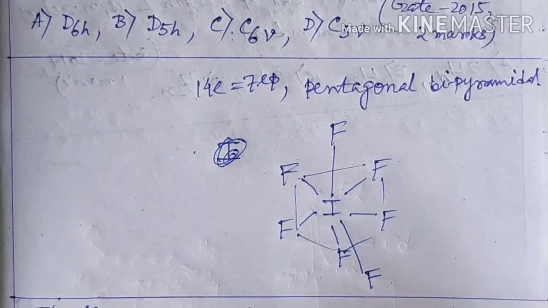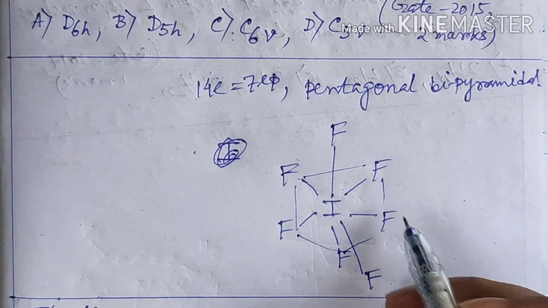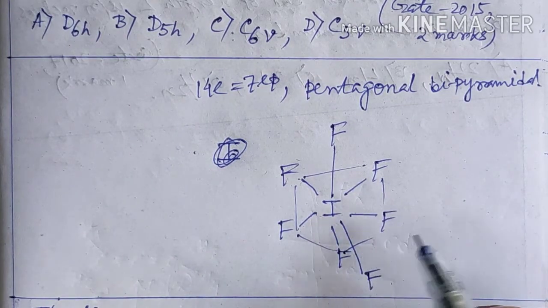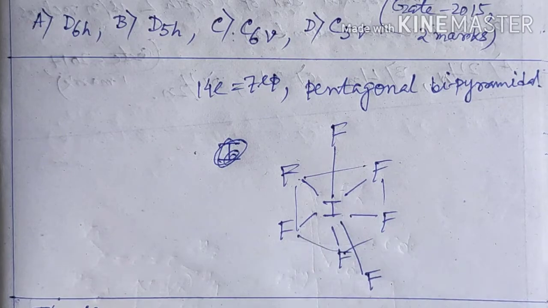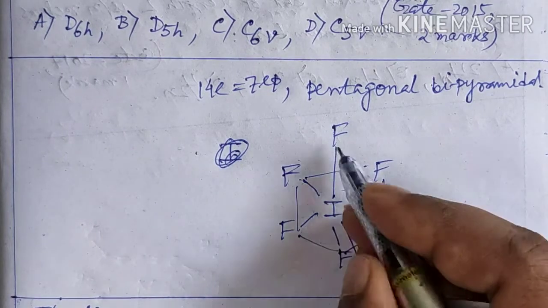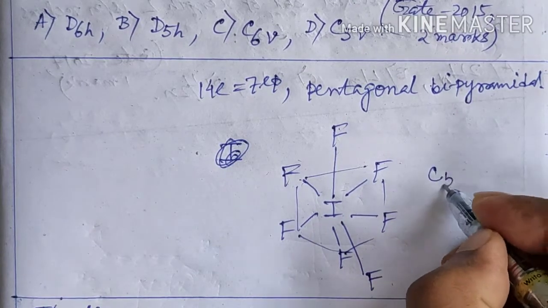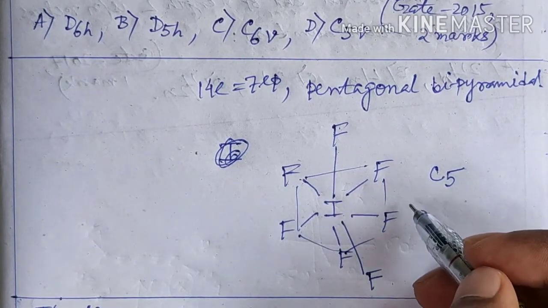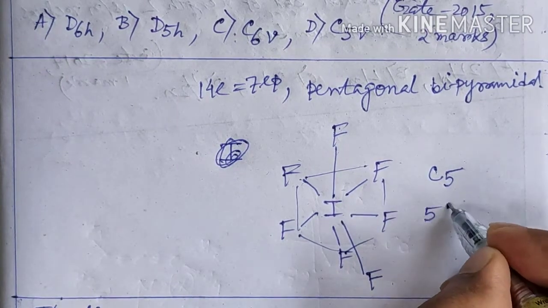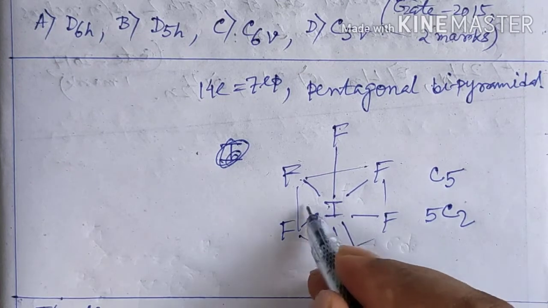That is like this. Now we have to see how many symmetry elements are present within this molecule. There will be a C5 axis passing through this fluorine, iodine and fluorine bond, that is 1 C5, and perpendicular to this there will be 5 C2 axes that will pass along each iodine and fluorine bond.